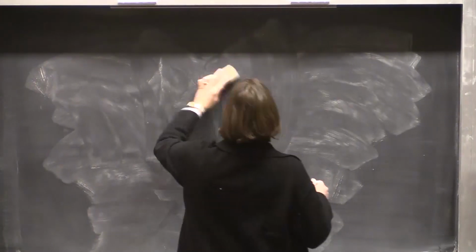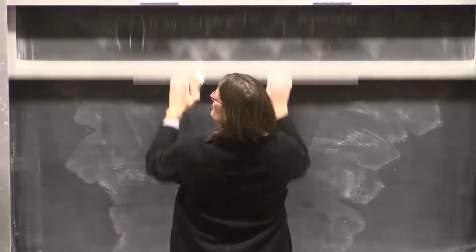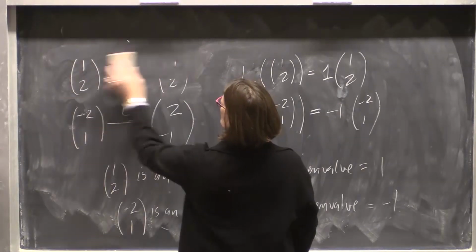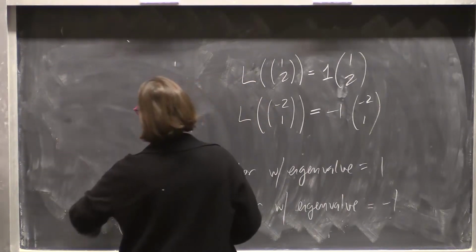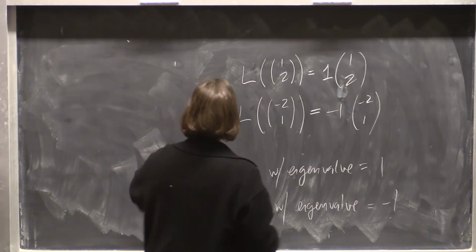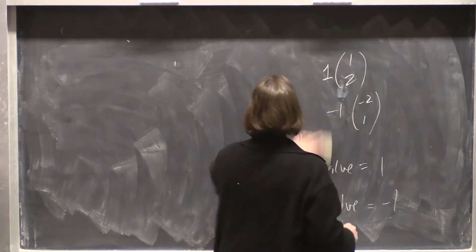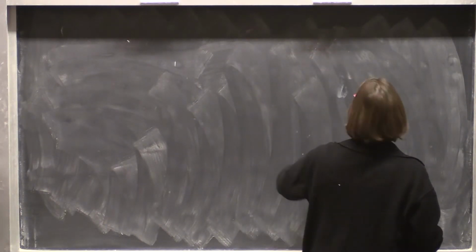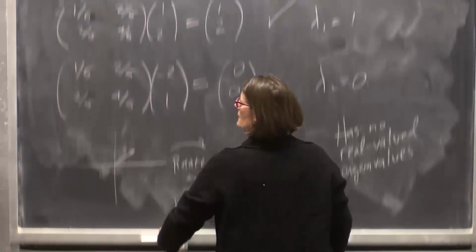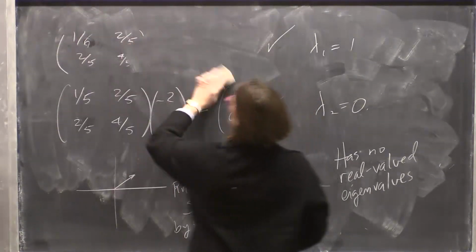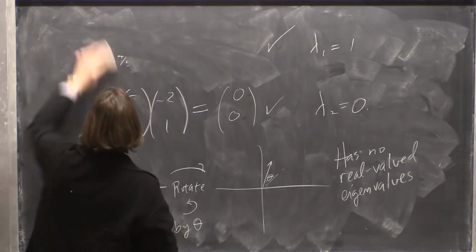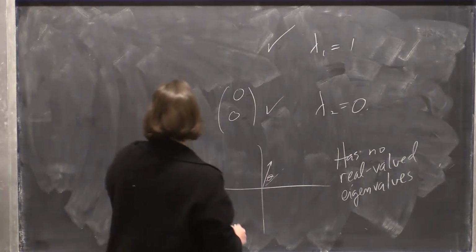Ideally, we would like to separate the problem of finding lambda from the problem of finding the eigenvector. It would be really nice if, instead of trying to find the eigenvalue and the eigenvector simultaneously, we could somehow just find the eigenvalue and then find the eigenvector.